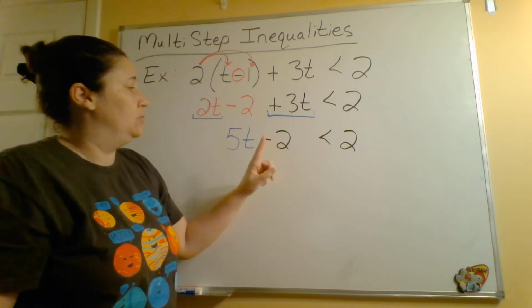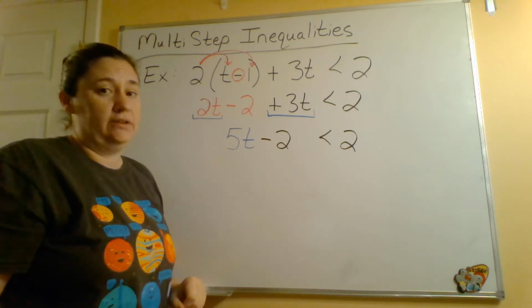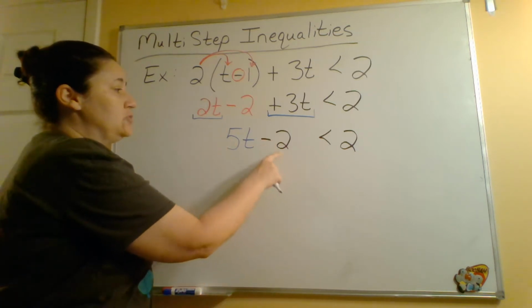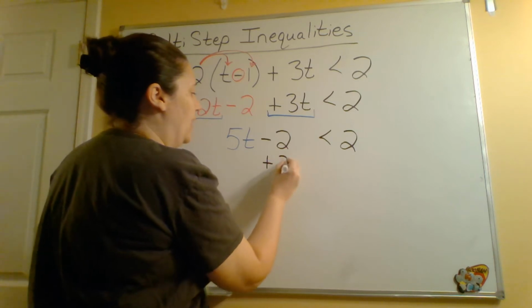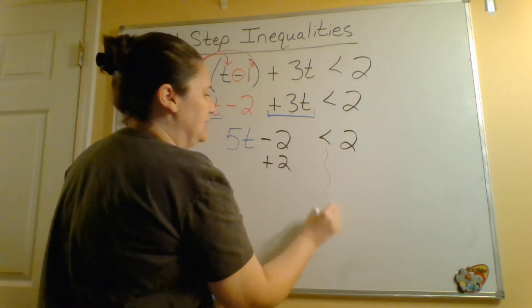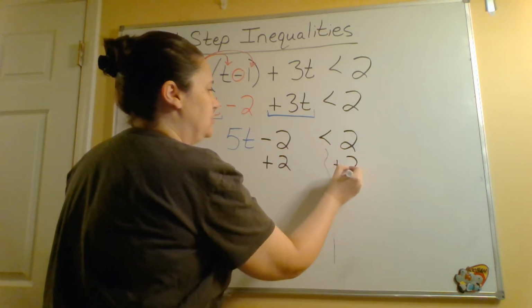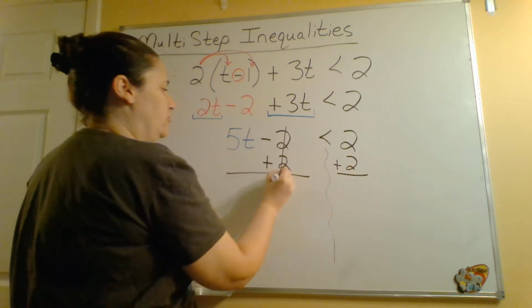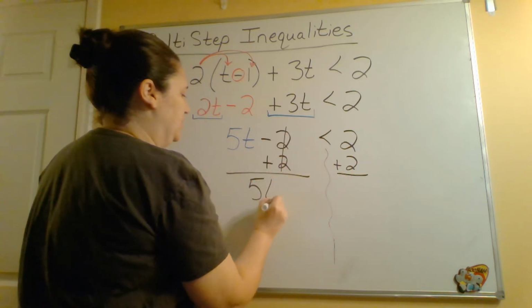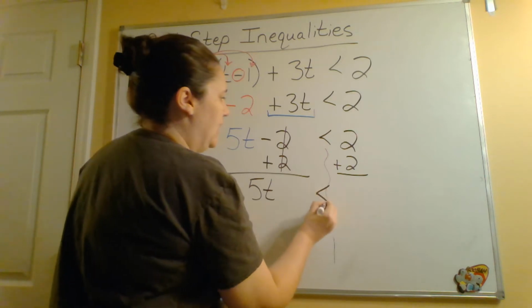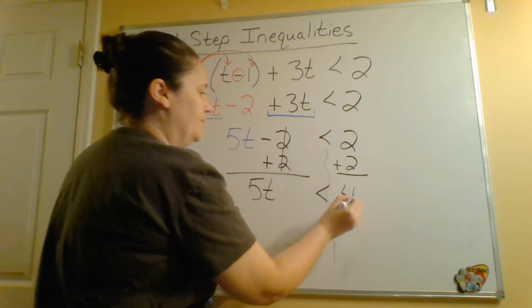We have to get rid of the minus 2, and we have to get rid of the times t. They are subtracting 2, so I'm going to add 2 to both sides of this inequality, plus 2. The 2's cross off. You have 5t on the left is less than 4.